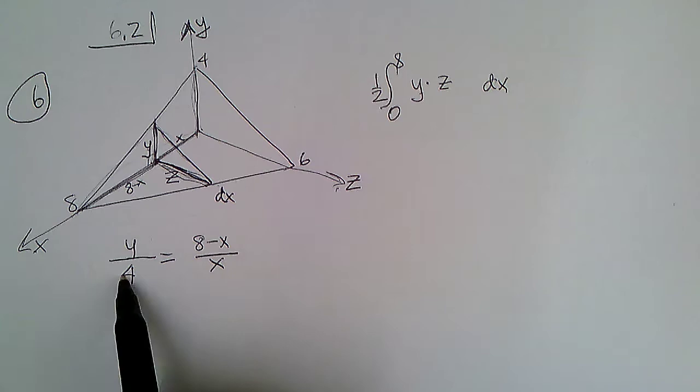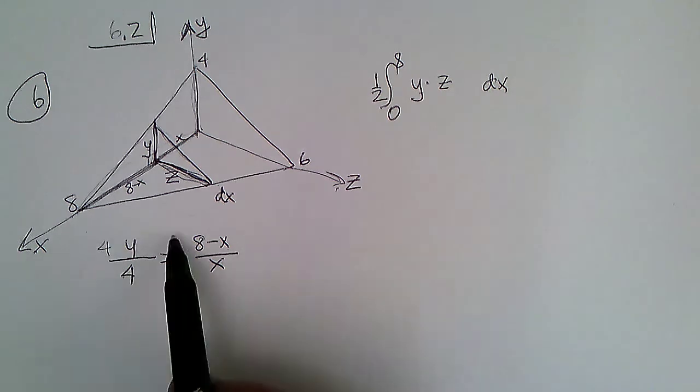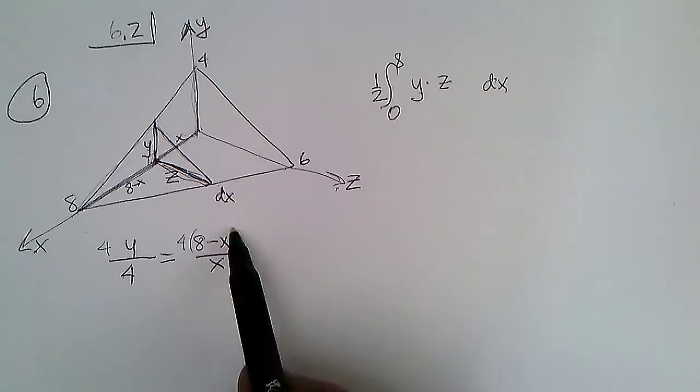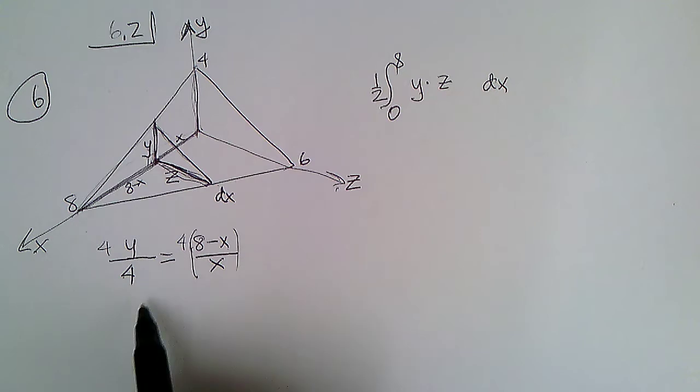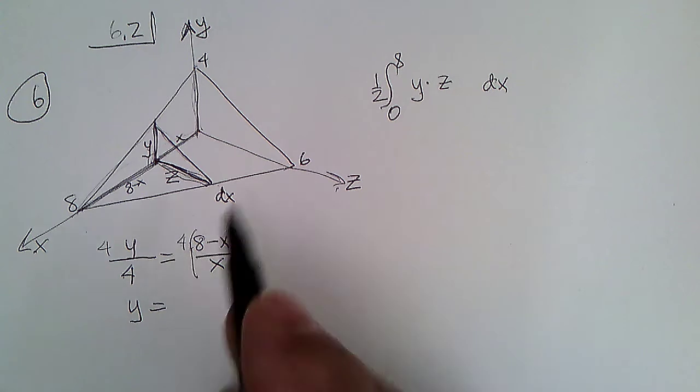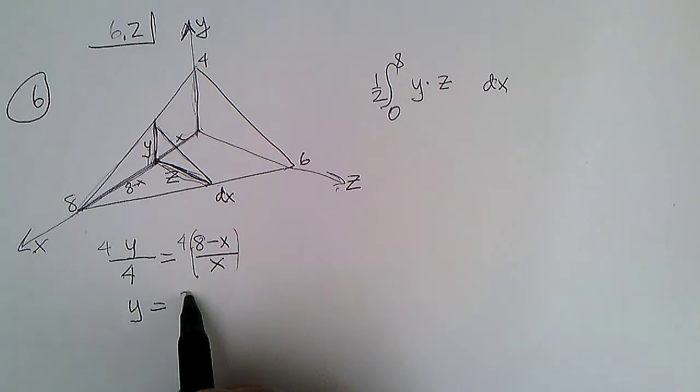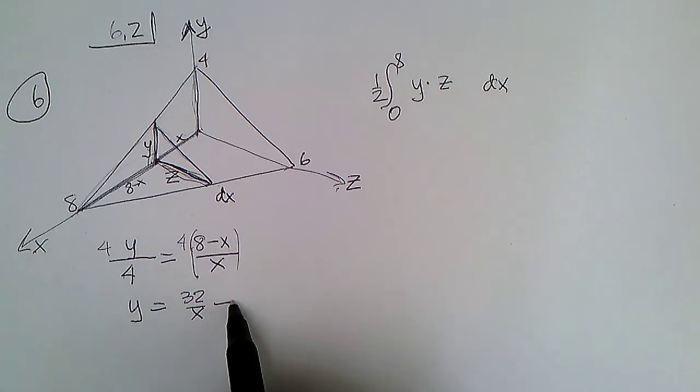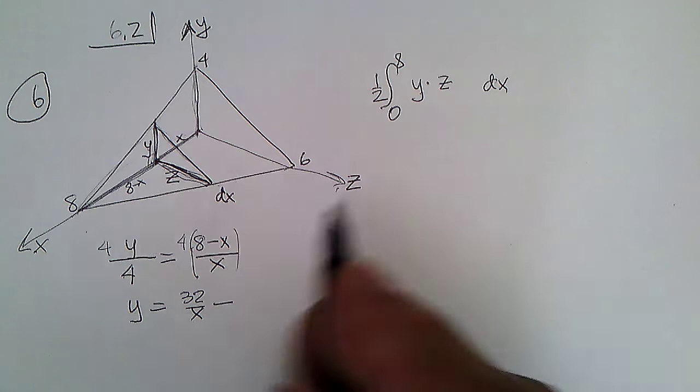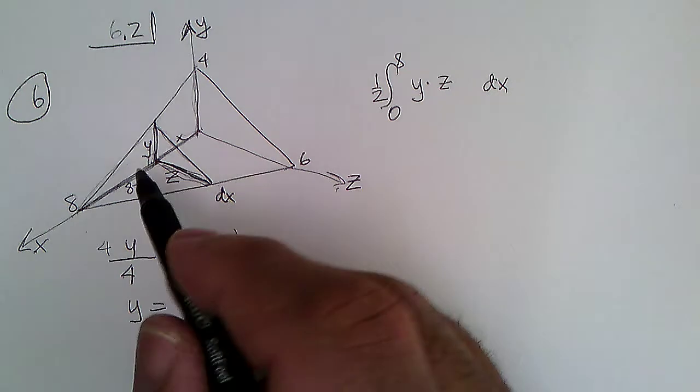And now if I multiply both sides by 4, I'd have an expression for y in terms of x. Oh excuse me, this shouldn't be x, this should be 8.